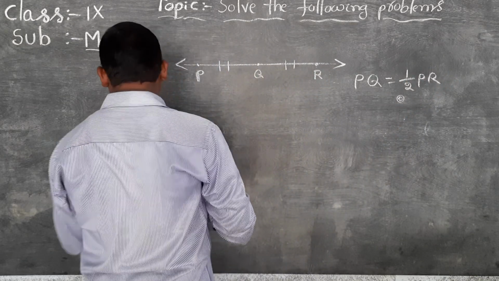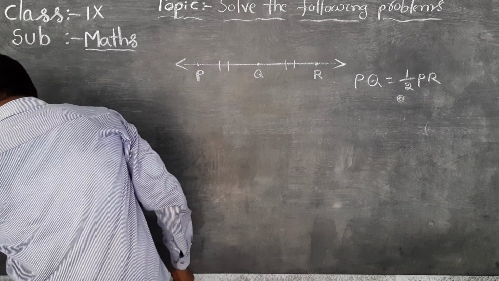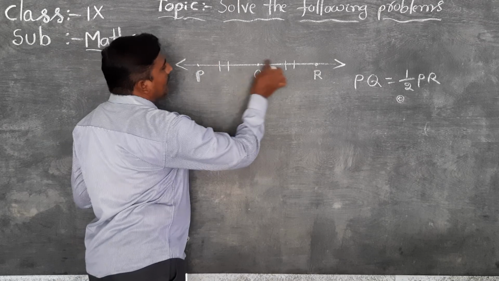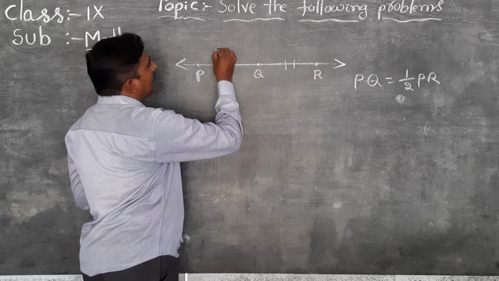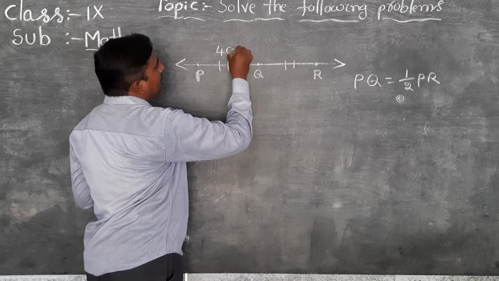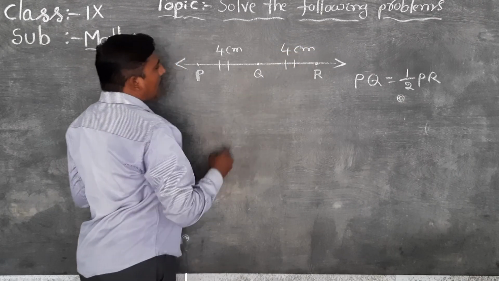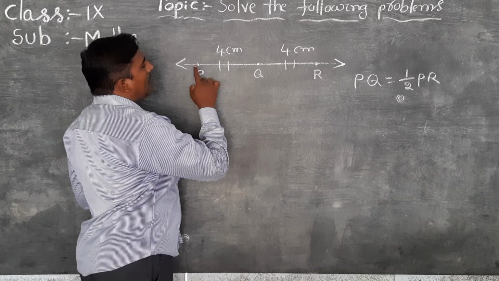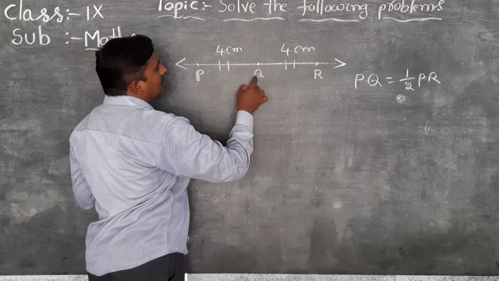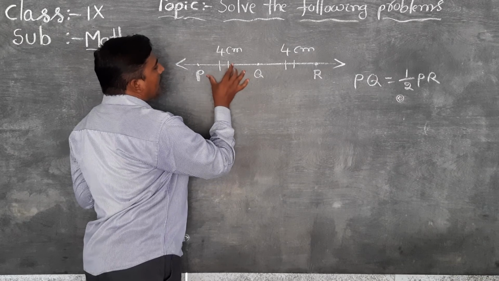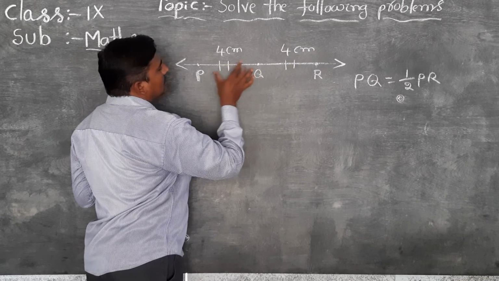Okay, see here, in this problem we are taking PR as 4 cm, 4 cm. Why is Q the midpoint of P and R? Q is the middle point between P and R, and he has only given that PQ is equal to QR.